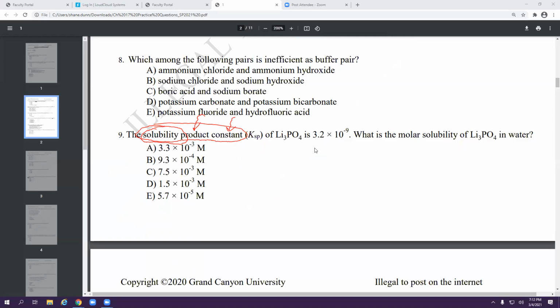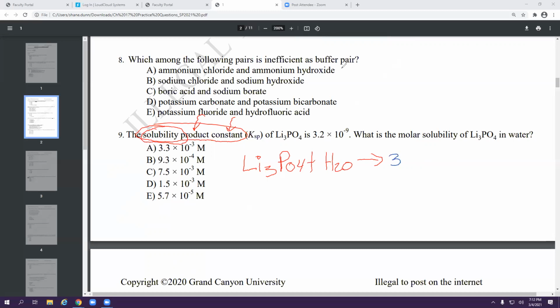This is going to get a little weird, but trust me. Li3PO4 plus water. When I put this in water, what are the ions going to be? It's going to break apart, right? Because water likes to break apart ions.